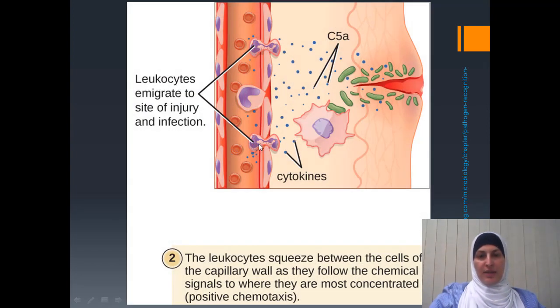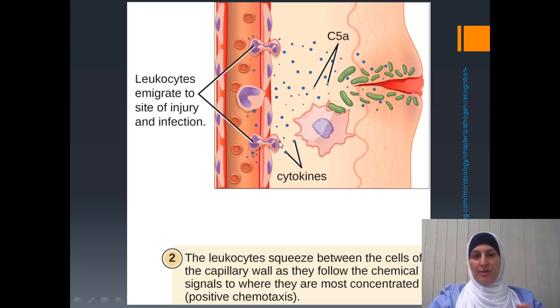So this is how the neutrophils are attracted through the 4 steps after rolling, adhesion, and migration into the tissues.